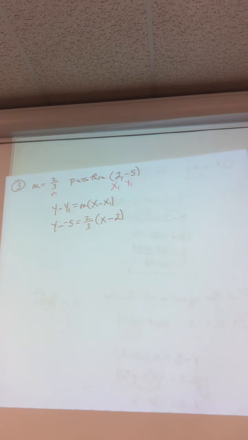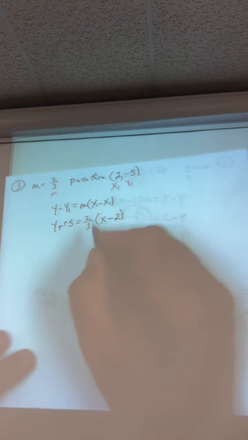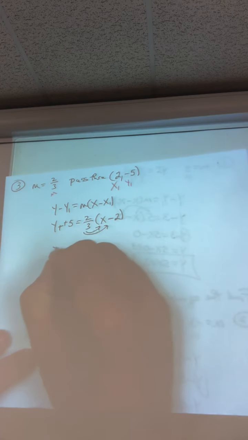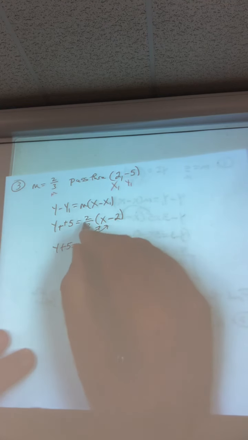Now, this is going to review something we did in the first or second video of the semester. First, double negatives gives me a positive. I want to get the y by itself, so we're going to distribute here. So I've got y plus 5 equals 2/3 times x is 2/3 x. Then a positive times a negative is a negative.